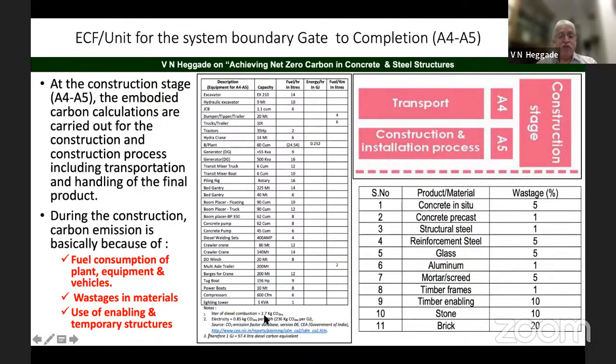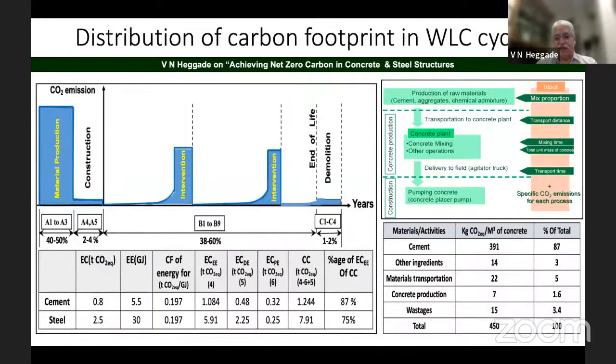For consumption of 1 liter of diesel, almost 2.7 kg of carbon dioxide equivalent is emitted to the environment. So we can directly multiply this fuel factor with the fuel consumed during the construction stage. That's how the embodied carbon of the construction stage is calculated.